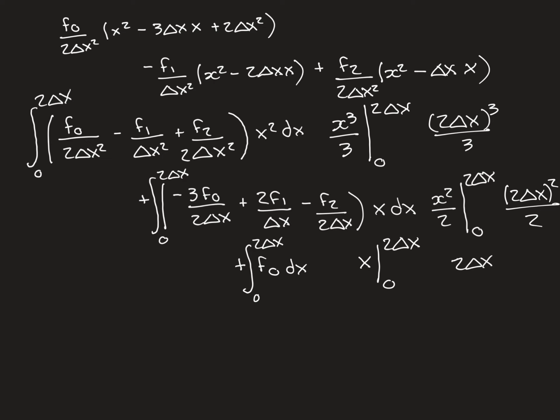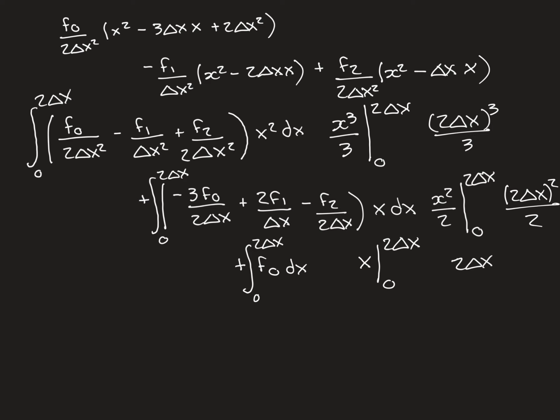This one then, same thing, put 2 delta x into this, you get 2 delta x squared over 2, and then you're subtracting off 0 squared over 2, which is just 0, so this is equal to this, and you need to remember to multiply it by all of this. This one, evaluated between 0 and 2 delta x, put 2 delta x in here, you get 2 delta x, subtract off 0, so this is just equal to this, and again you need to multiply it by f0. So now this is looking very hopeful.